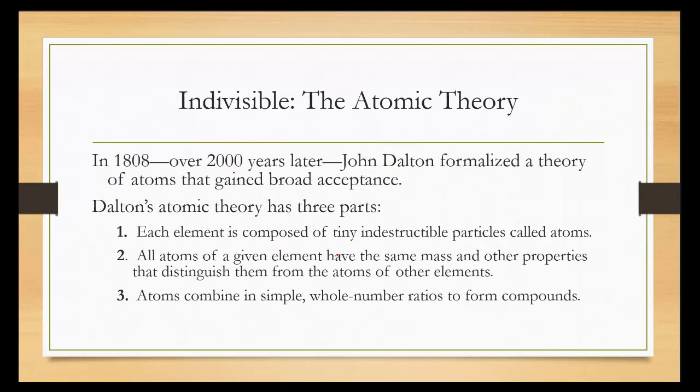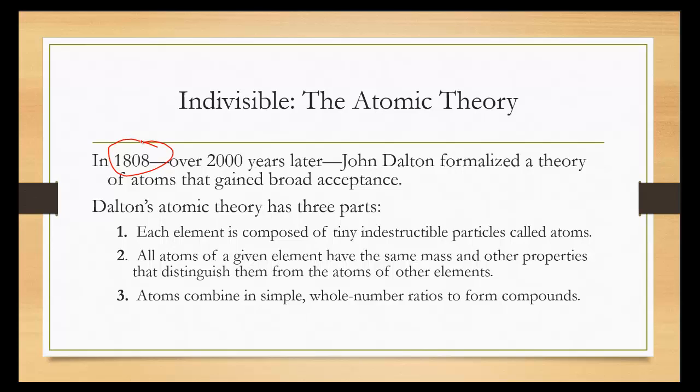Over 2,000 years later, in 1808, John Dalton, a professor from England, formalized a theory of atoms that gained broad acceptance. His atomic theory had 3 parts, and you'll notice that it's not actually 100% accurate, but it did give us a starting point since we had to wait 2,000 years to get to this point.